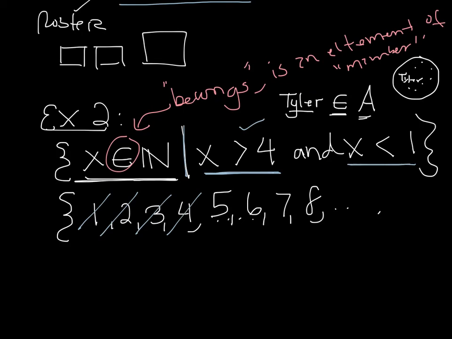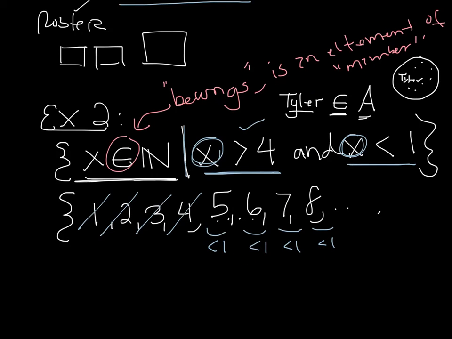And that same number is less than 1. Well, I have 5, 6, 7, 8. Which of these is less than 1? The answer is none of them. 5 is greater than 1. 6 is greater than 1. 7 is greater than 1, not less than 1.